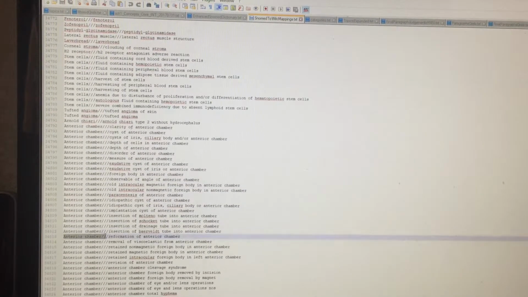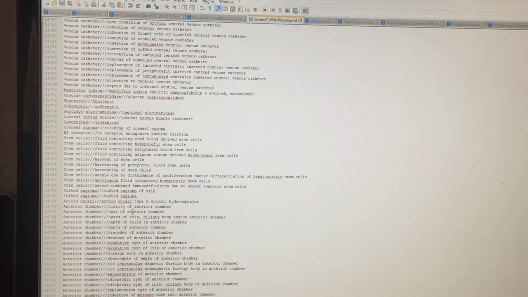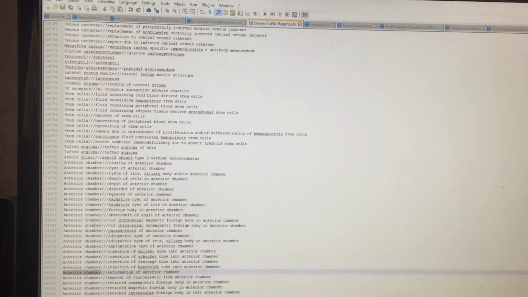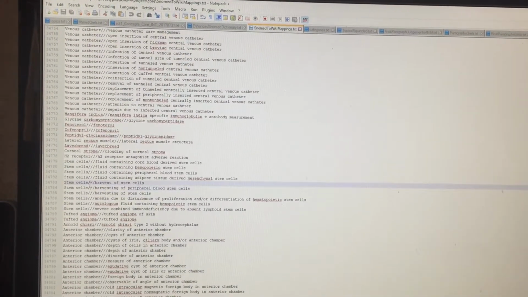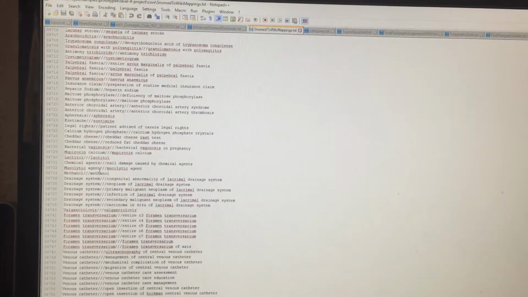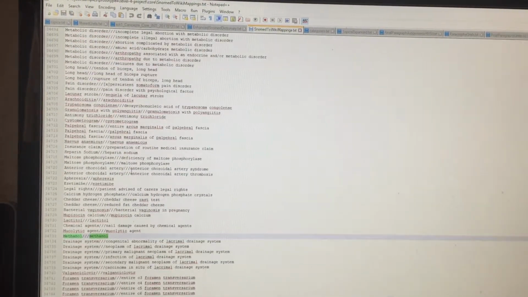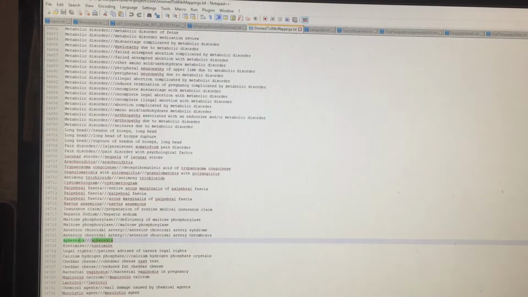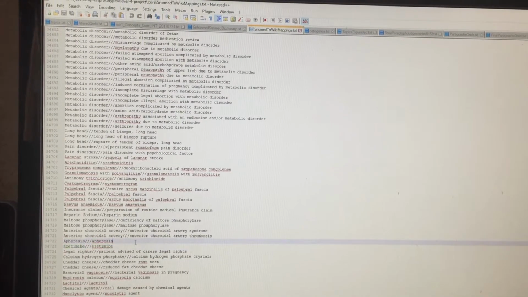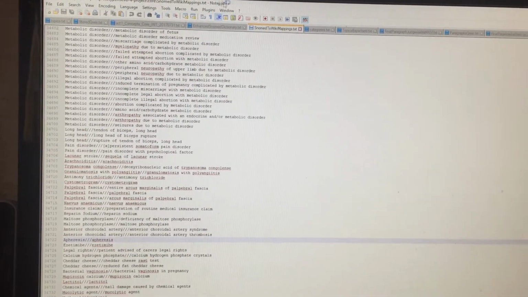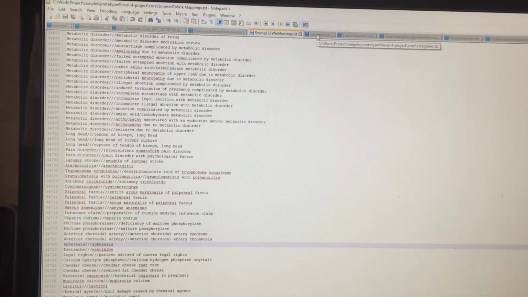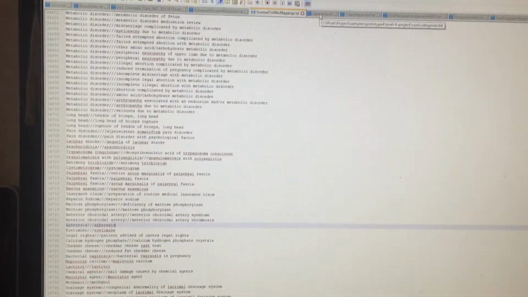As you can see, a lot of them mapped to interior chamber, which may not even be a medical entity. Stem cells. There are a decent amount of genuine medical mappings, a good amount such that MedLink can work.